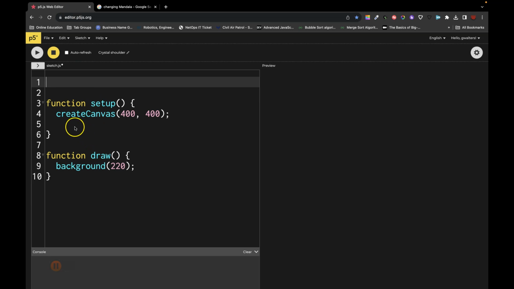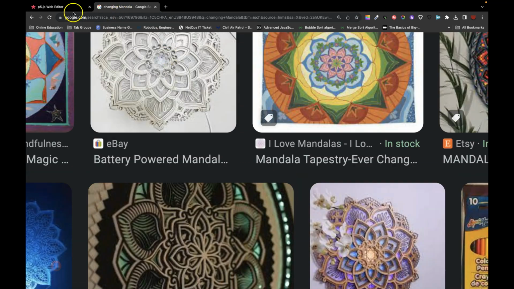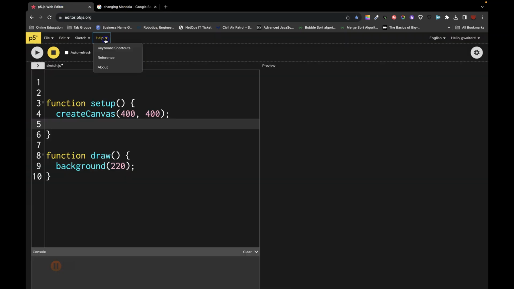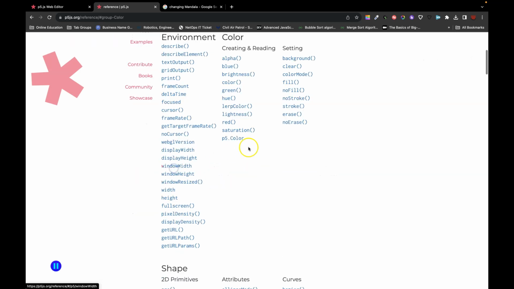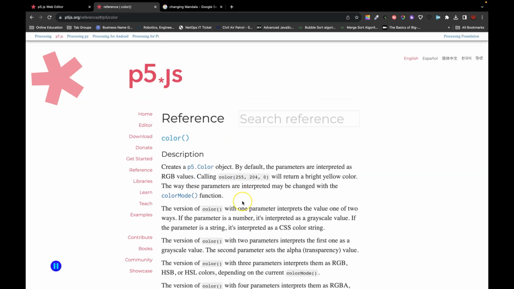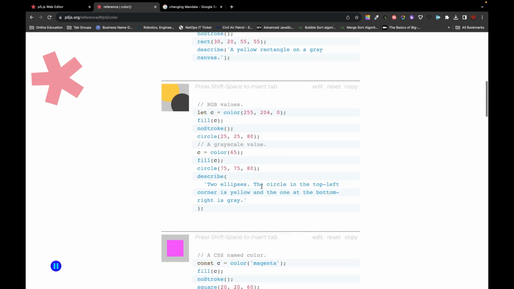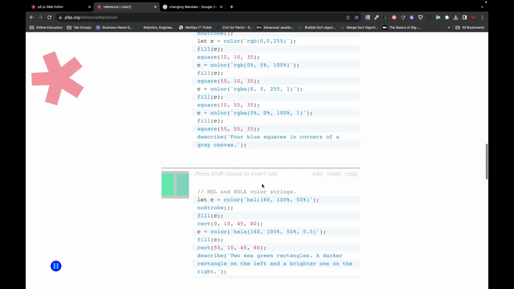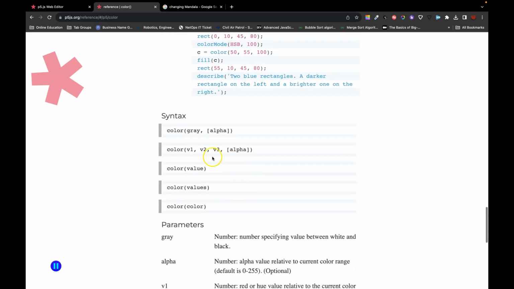To start off, we haven't really talked about transparency, so I want to go into that real quick. Let's look at color. When we're using color, by default we're doing RGB. Now, color actually has 4 parameters for every color we do.